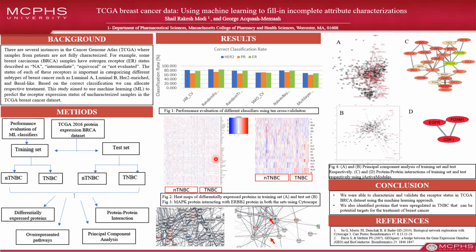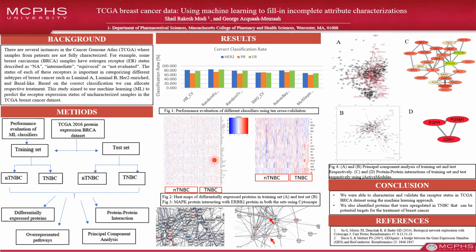Figure 2 represents the heat map of differentially expressed proteins in the training and test sets. Red represents that a protein is upregulated in the triple negative breast cancer group, while blue represents that the protein is downregulated in the triple negative breast cancer group.